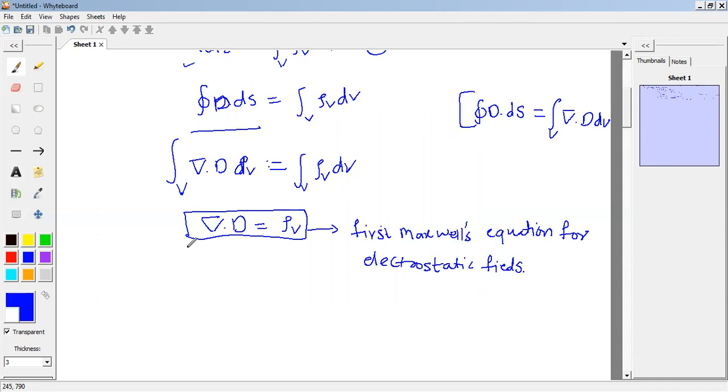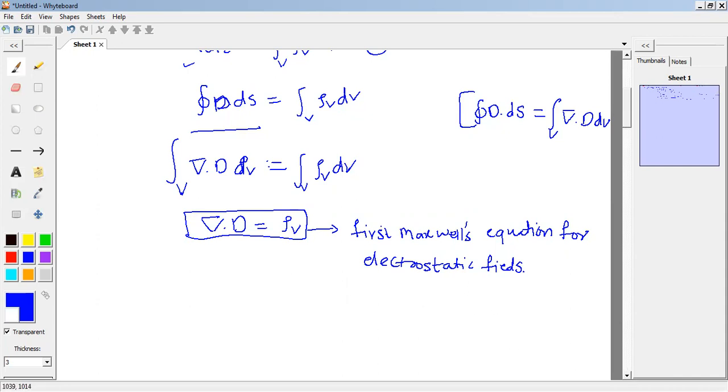The first Maxwell's equation states that the divergence of the electric flux density is equal to the volume charge density.